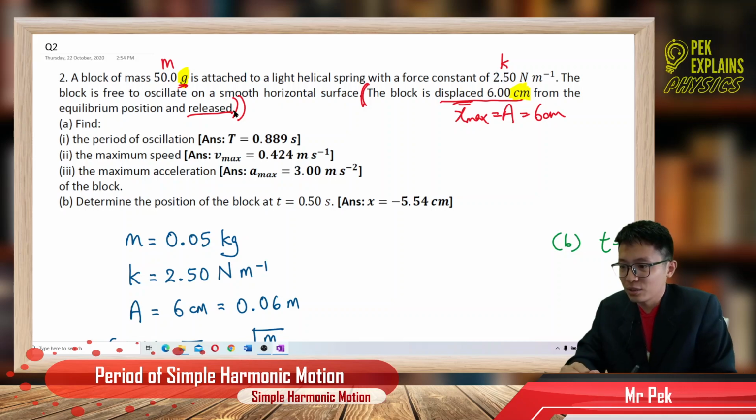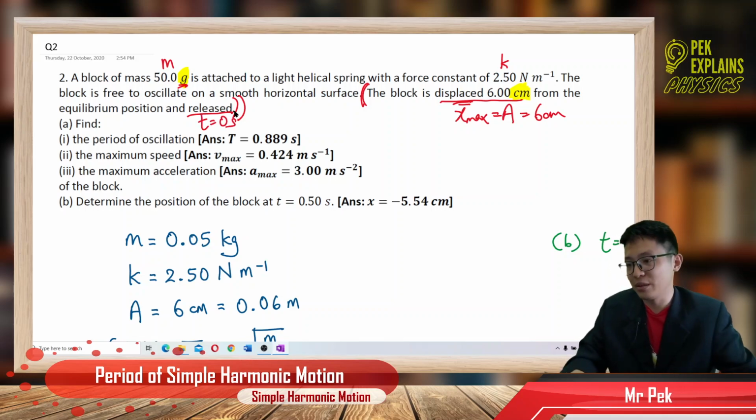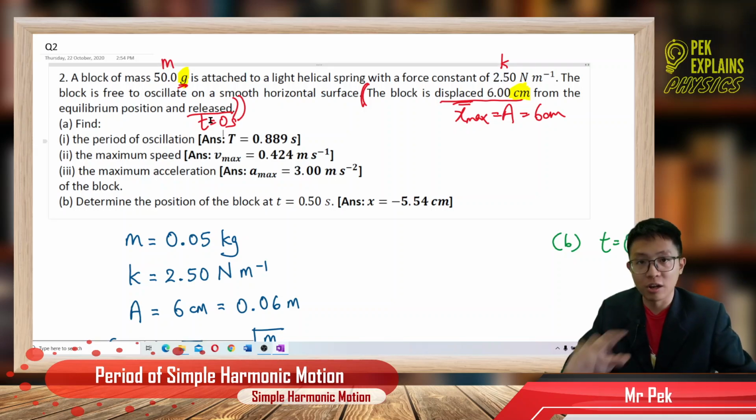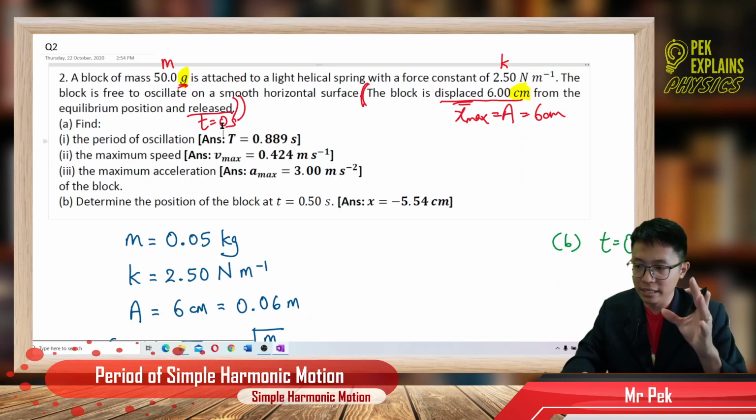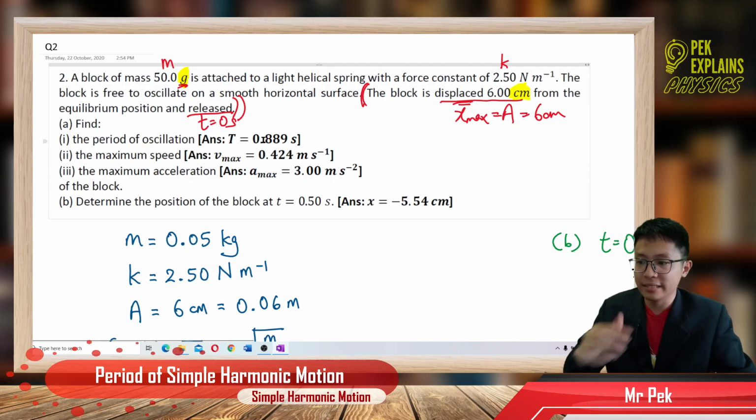So at 0 second, once you release, the clock starts ticking and the block is oscillating. This oscillation does not start from equilibrium position. It starts from the amplitude, the place you displace, which is 6 cm.